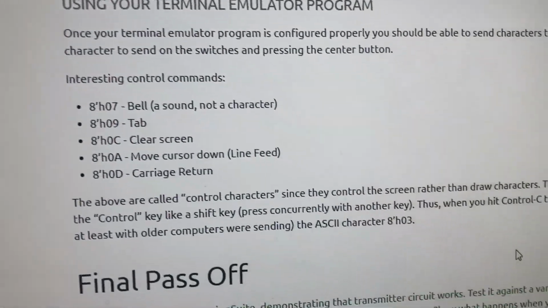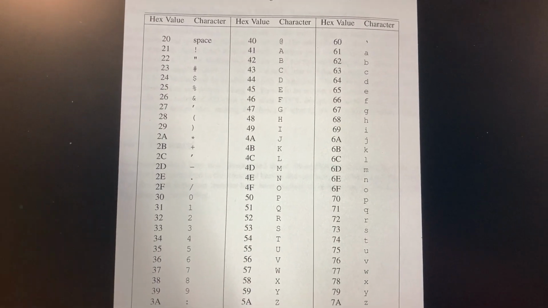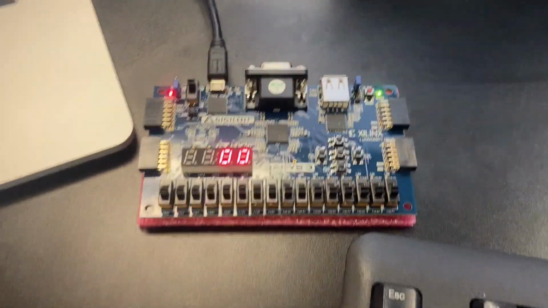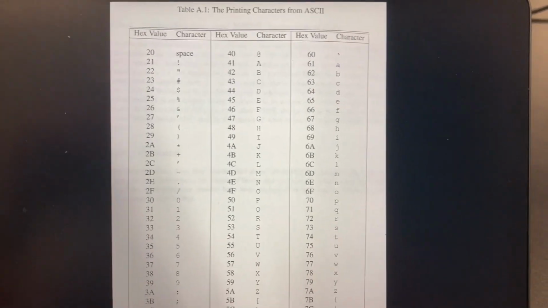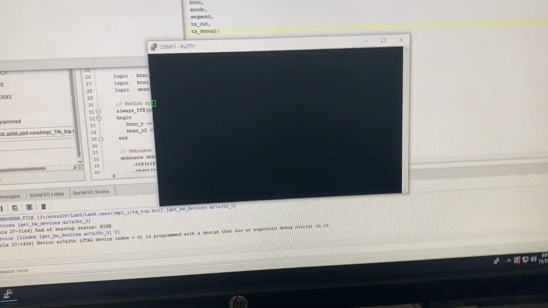Next, we're going to be taking a look at a few different ASCII characters found in the back of the book. I will be spelling my name with them just to demonstrate that it works. To demonstrate a few capital and lowercase letters, I'm going to be spelling out my name in hex value to ASCII and sending it here.